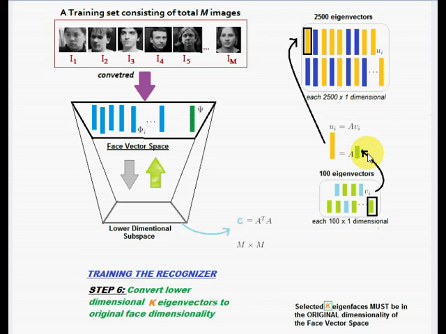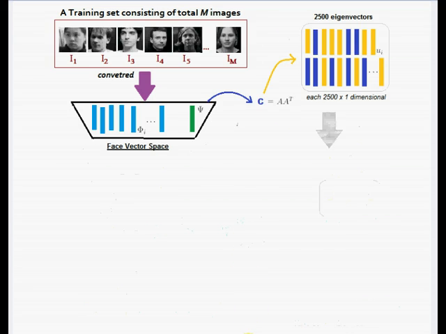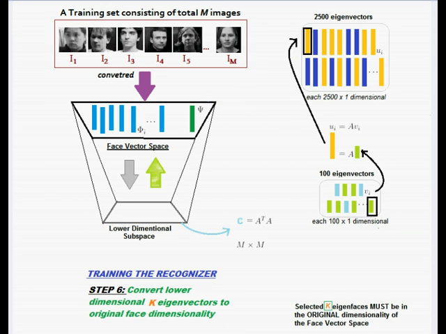So if we know this formula, naturally we can just select the K eigenfaces in the lower dimensionality, find them, and then map them back to the original dimensionality. This would save us a lot of computation, and it would also reduce the effect of noise.